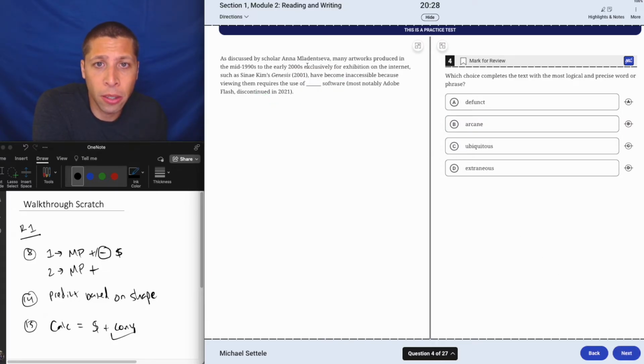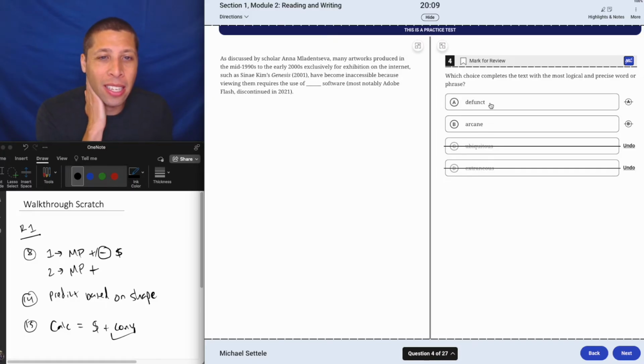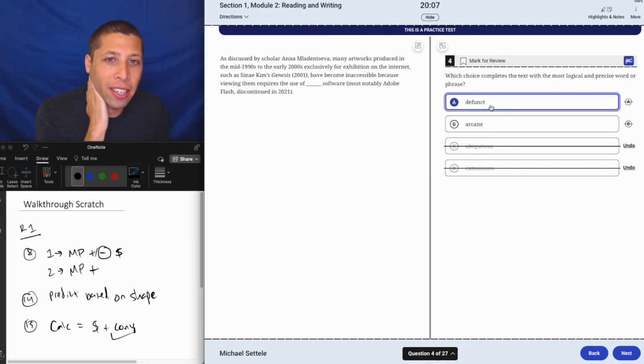As discussed by scholar whatever, many artworks produced in the mid-1990s to the early 2000s exclusively for exhibition on the internet, such as this, have become inaccessible because viewing them requires the use of blank software. Have become outdated. It's not this and it's not this. Defunct.